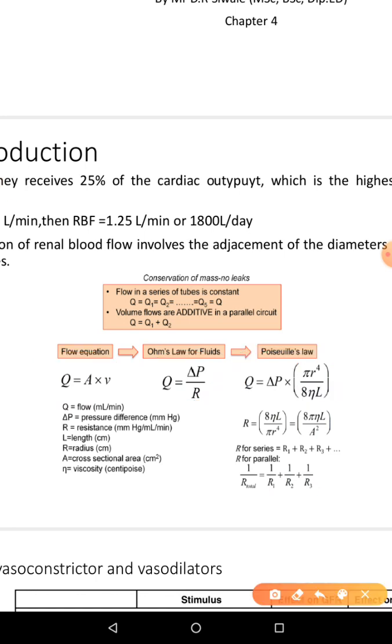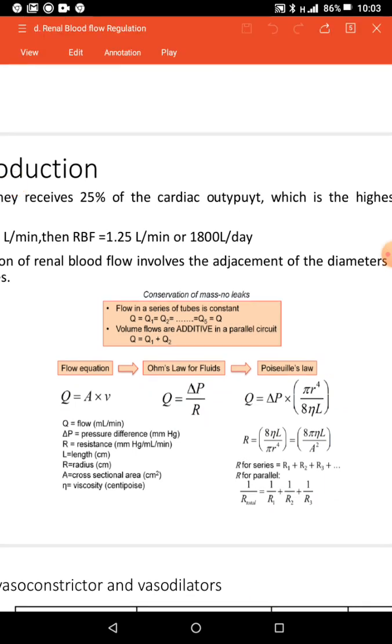But let's not get confused. We are trying to say that blood flow is directly proportional to pressure, but blood flow is inversely proportional to resistance. So in terms of regulating blood flow into the kidneys, usually what changes is resistance. Okay? So when the arterioles constrict, it means the resistance increases.